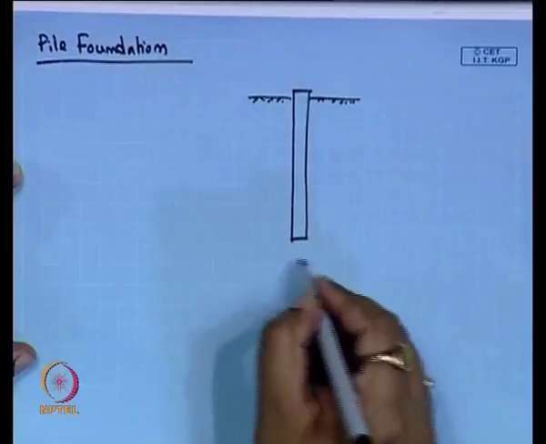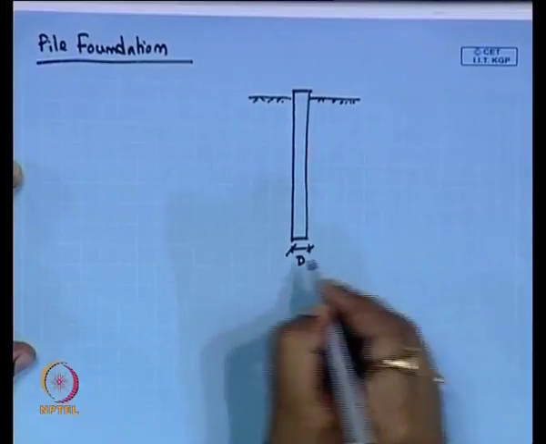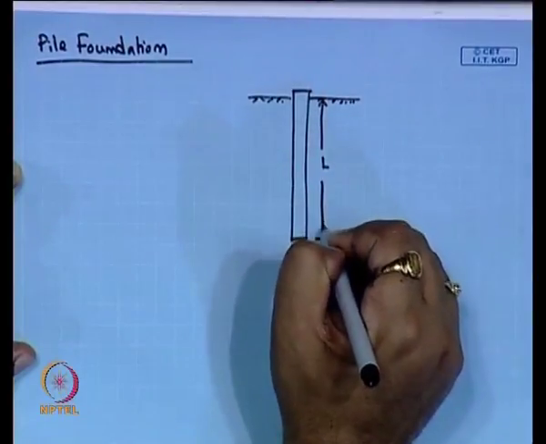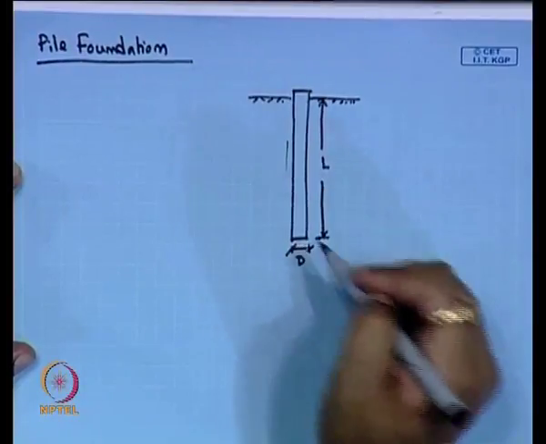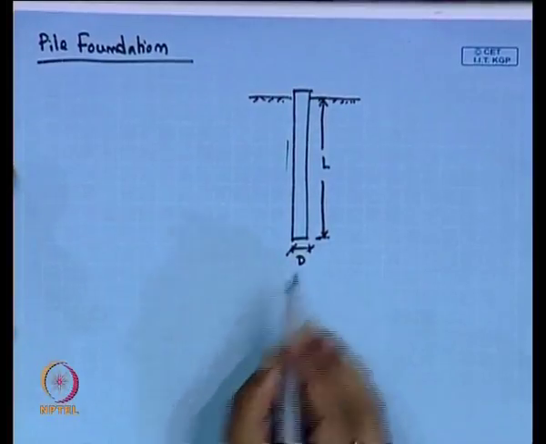This is the width of the pile, or if it is a circular pile, the diameter of the pile, and this is the length of the pile. Here we can see that the length of the pile is very high as compared to the width or diameter of the pile.